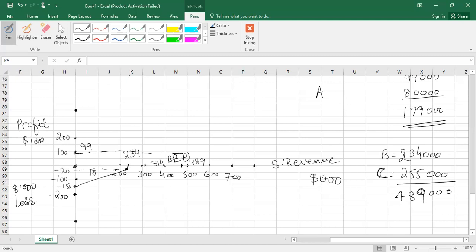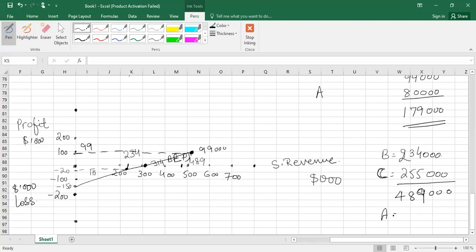So the 99 and here we have 489. We will start from this loss, intersect with this break-even point, and this line is heading towards the profit of 99,000 at revenue of 489.